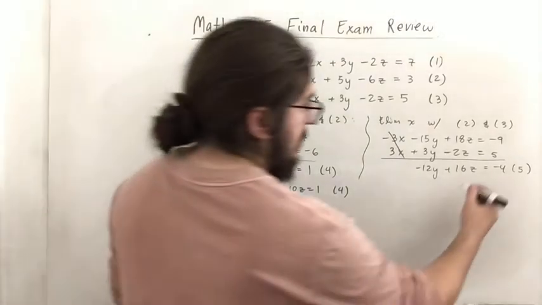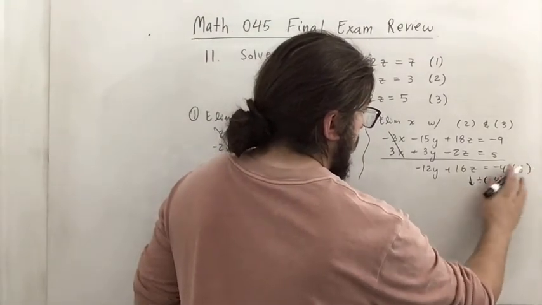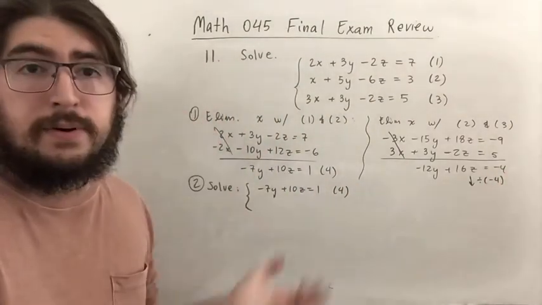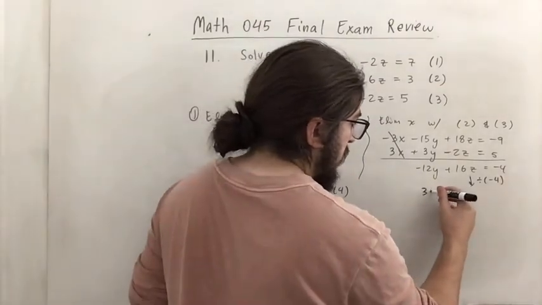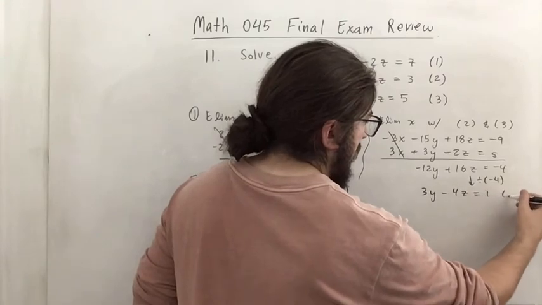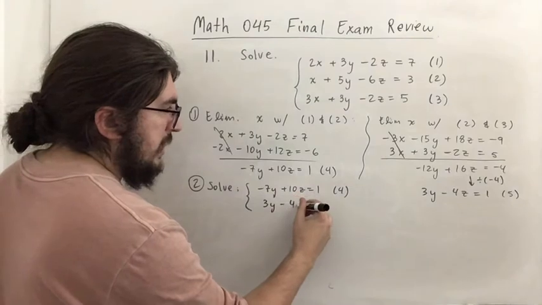What you can do in any equation is divide through by a number to simplify things, just so we're not using numbers that are too large. So we get positive 3y, negative 4z, and positive 1. So that's equation 5: 3y minus 4z is equal to 1.